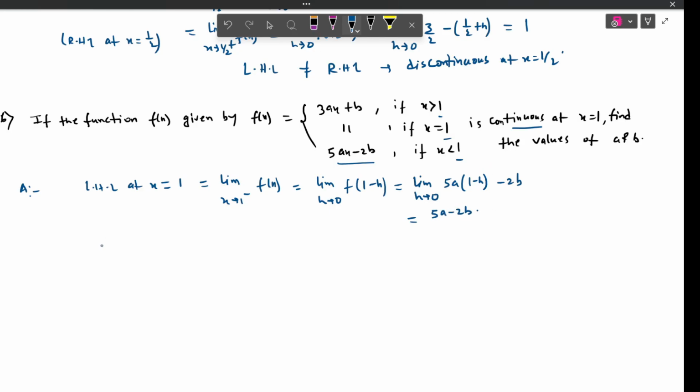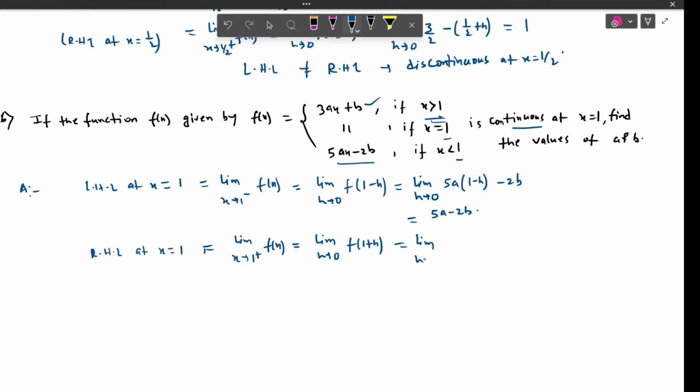Okay. Now let's find out right hand limit at x equals to 1. So limit x tends to 1 plus f of x. This should be limit h tends to 0, f of 1 plus h. And for 1 plus, you have to take this function, right?